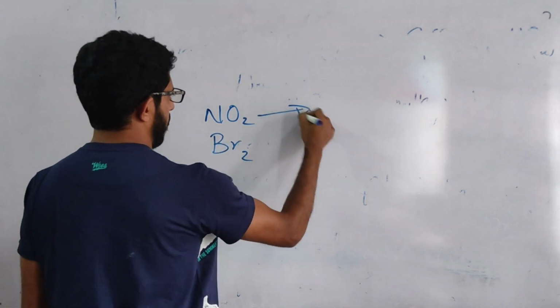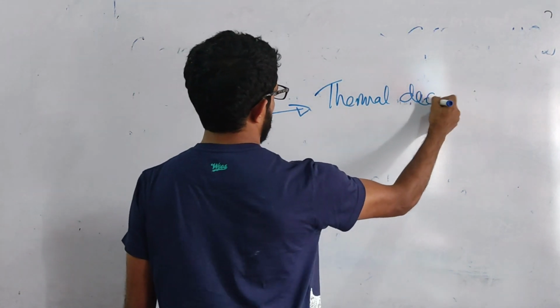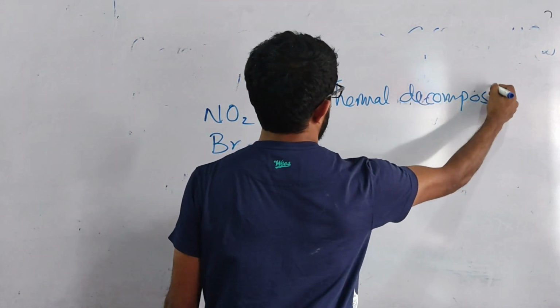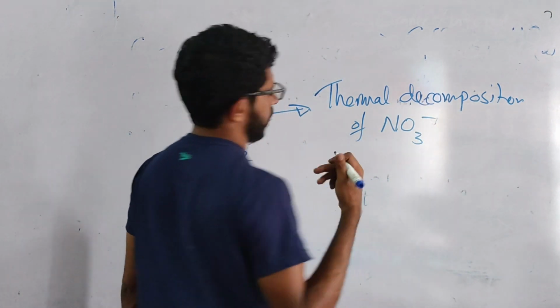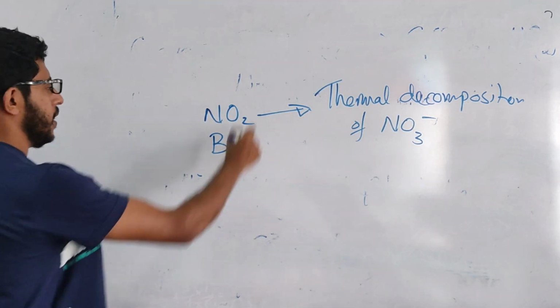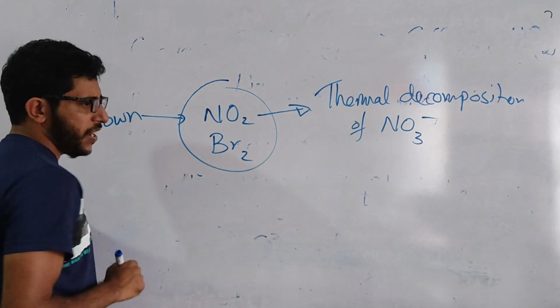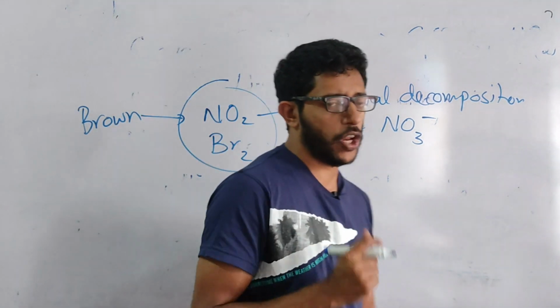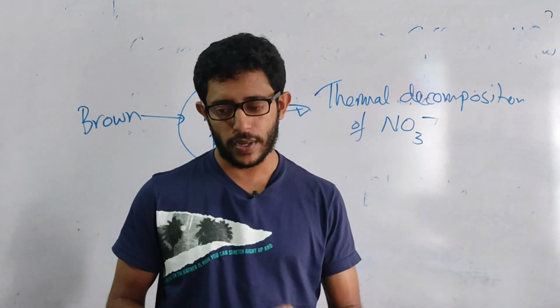NO2 is mainly obtained from thermal decomposition of most of the nitrates, especially all group 2 nitrates, which thermally decompose to give nitrogen dioxide, which is brown vapor. Bromine is also a brown gas, but bromine is only obtained when we test for bromide. I'll tell that as well later.